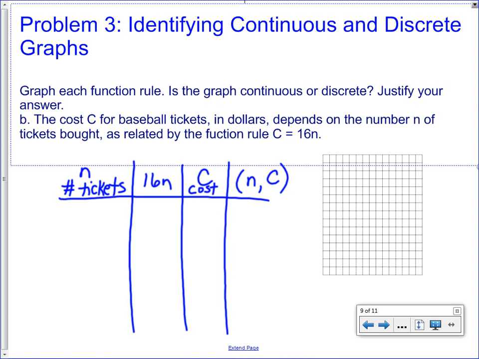So preparing my graph, I have the cost as the dependent variable, and my independent variable is the number of tickets.